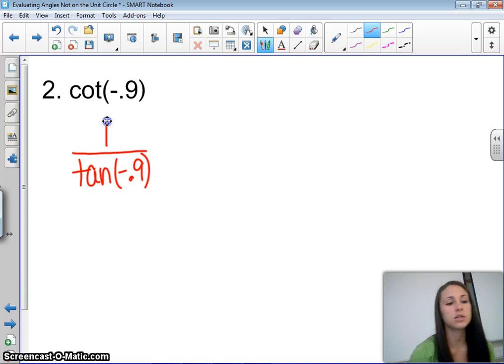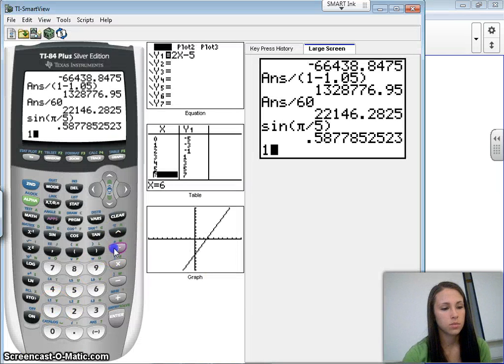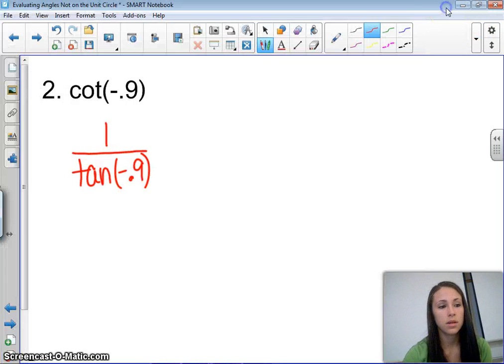So I'm just going to make it its reciprocal function by putting 1 over it and changing the function to its reciprocal. This one was tangent. And so I'm going to type it in exactly like that. So 1 over tangent of -0.9. And so that is just going to be -0.794.